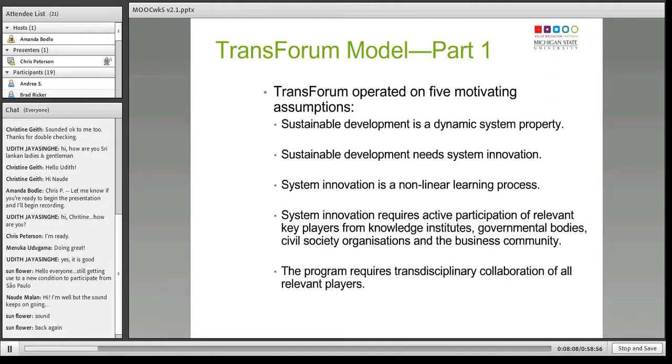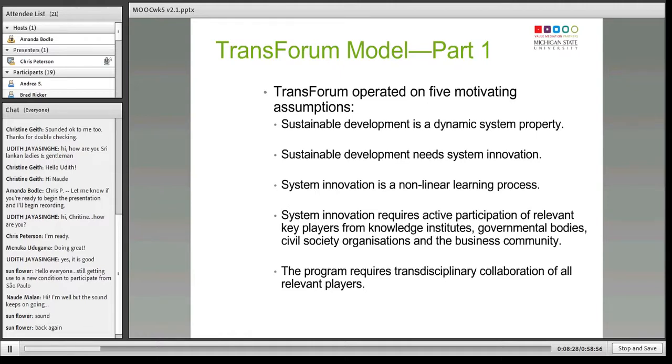And part of that has to be the continual search for a realizable meaning out of the multiple value dimensions that are going to be present in any such project. Dimensions such as people, planet, and profit.